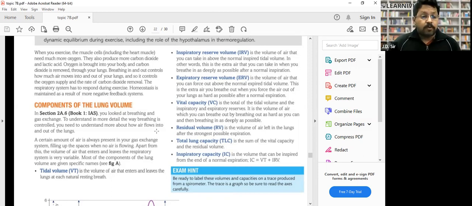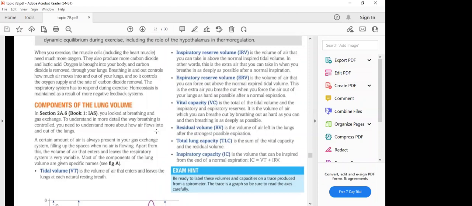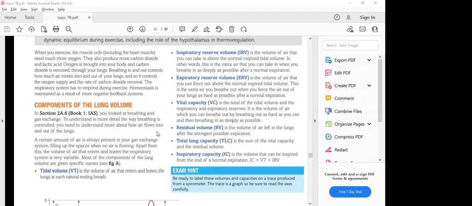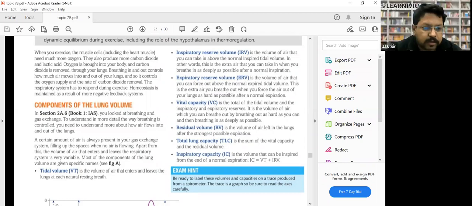Whatever amount I expire more than 500, that is ERV. Got it or not? Okay, good. I am telling you the amount: ERV is 1000 to 1100 ml. You're noting it down? Okay, fine. 1000 to 1100, right?